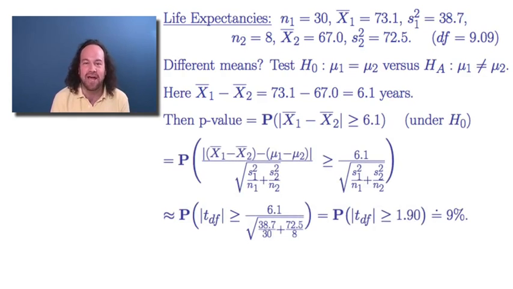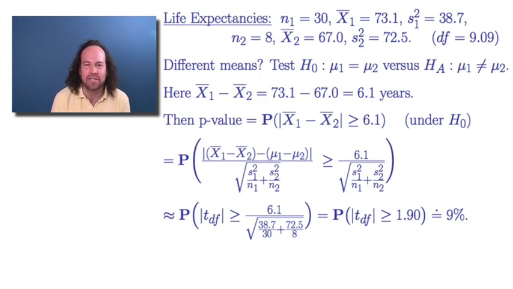Again, we subtract off the mean even though it's 0. We divide by the square root of the sample variance that we compute, and we say it's the probability that the absolute value of a t-distribution with now 9.09 degrees of freedom is bigger than or equal to this number that, when you plug it all in, is 1.90. And that's approximately a 9% probability. Now that's not so small.